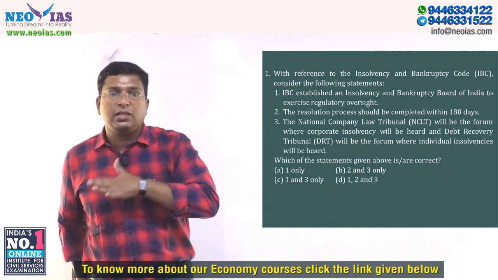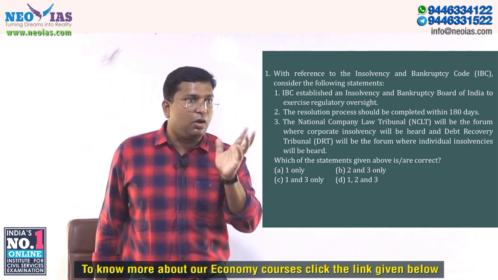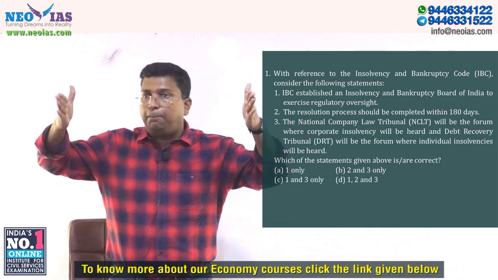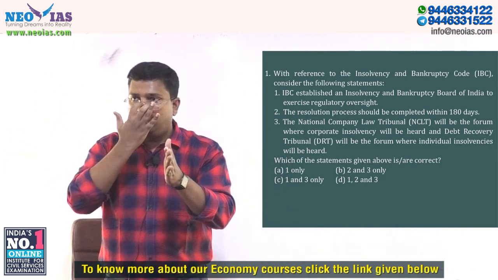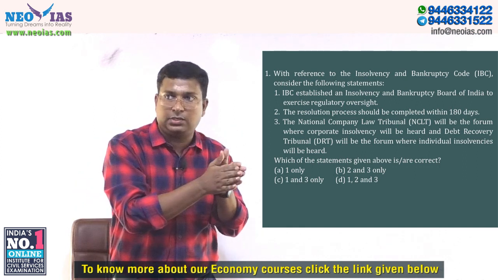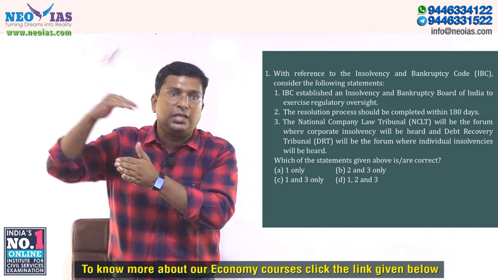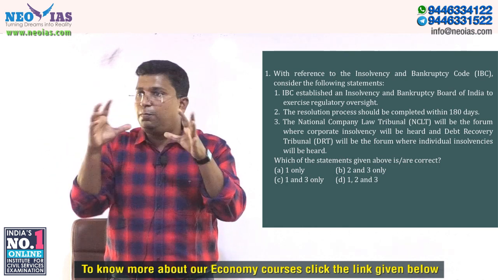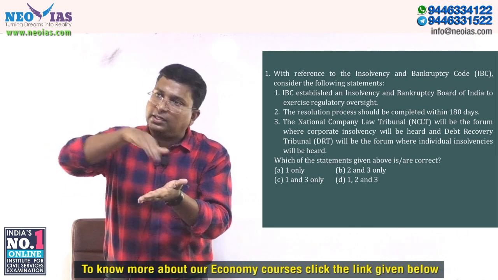And one more core point, okay, because if a question comes, this knowledge will help you to solve it. There are parallel provisions for individuals and partnership firms. For individuals and partnership firms, the tribunal is a quasi-judicial body to monitor the process.